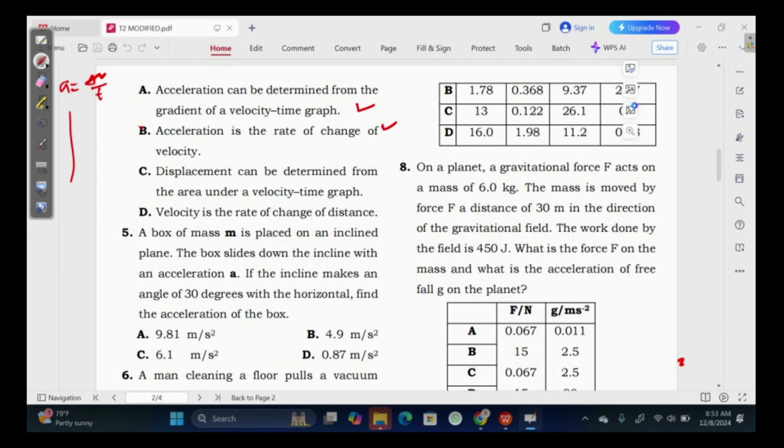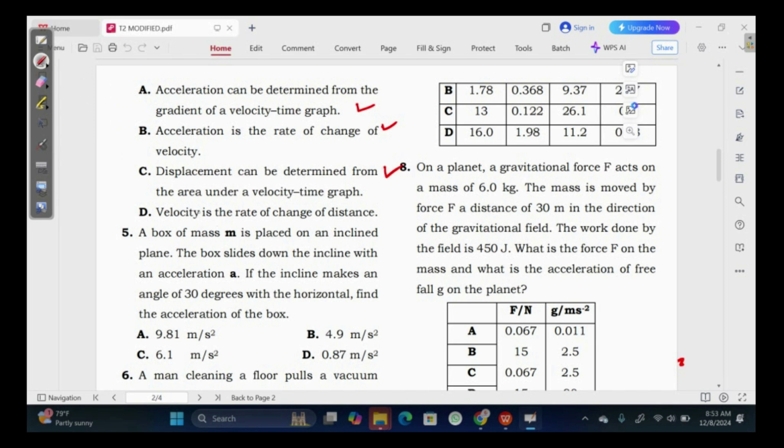For example, if you have a shape like this, we used to get the area for this, the area for that, and the area for that, for us to find the distance. Meaning this is correct, so D is true.